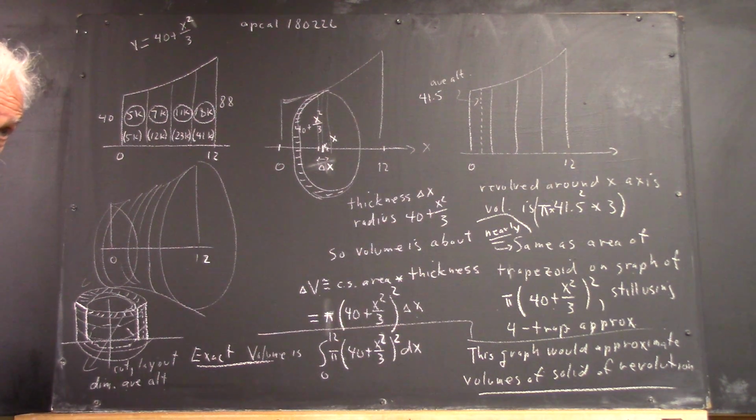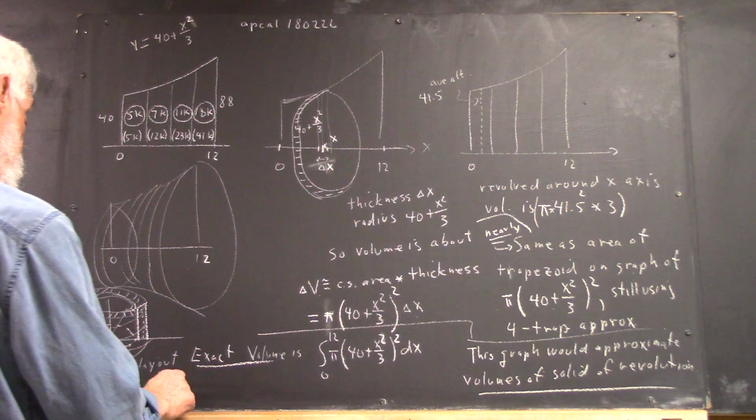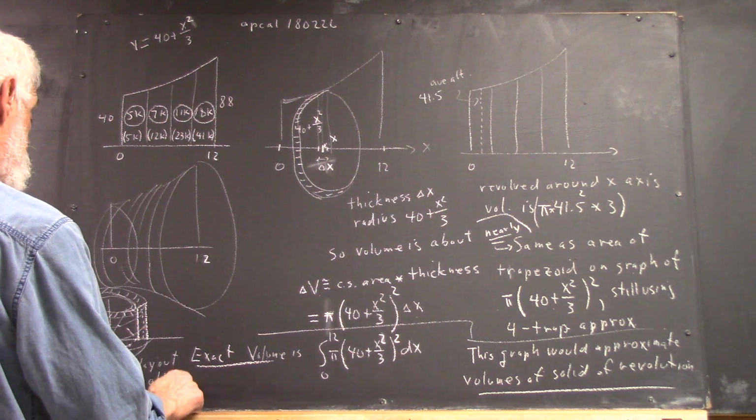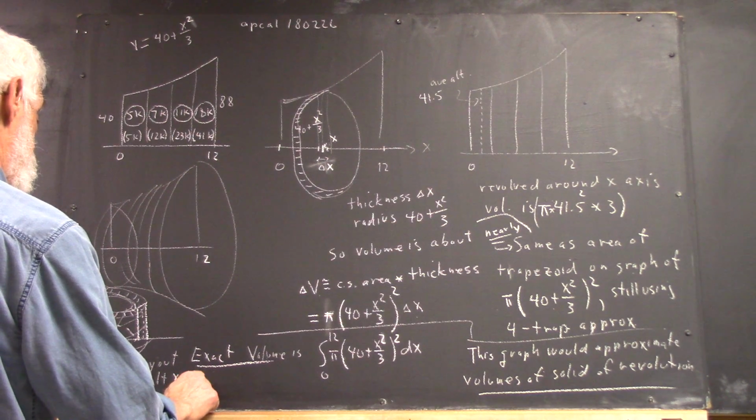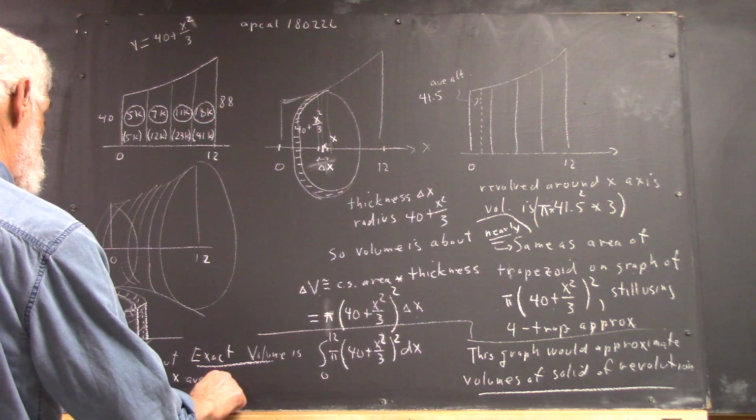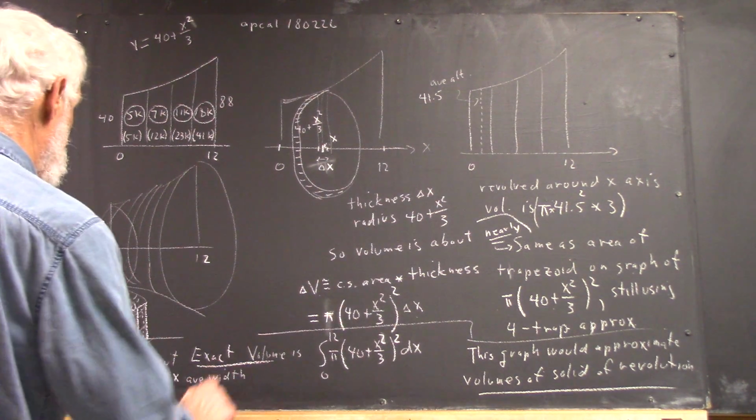Dimensions would be the average altitude of the trapezoid by the average width of the trapezoid.